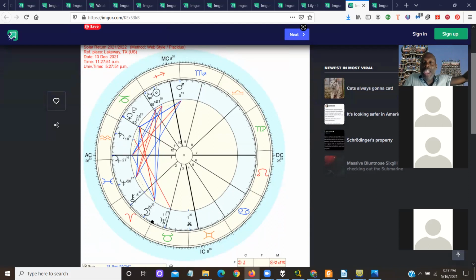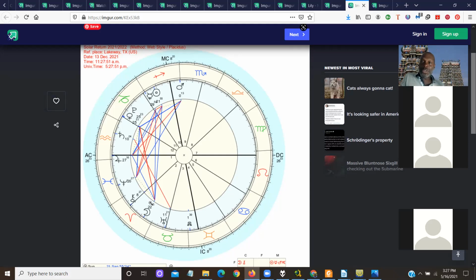Now I haven't had a chance to really get into the solar return moon, but remember the way that we've talked about the moon is super, super important. And so we always want to know what's going on with the moon. And then at another time, if we talk about lunar returns, you should use the degree of the moon in the solar return for the year.